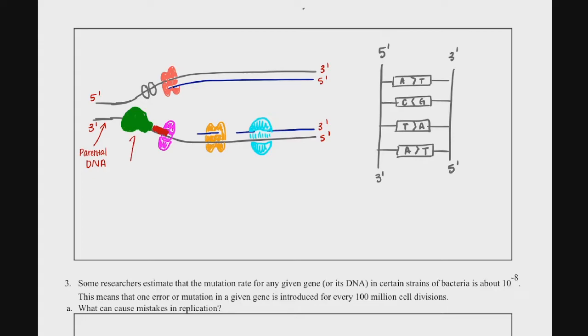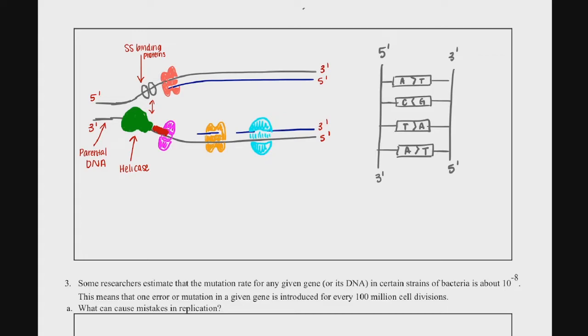This right here is helicase, which helps unwind the DNA. And these two guys right here are the single-stranded binding proteins that are helping keep these DNA fragments separated from each other.